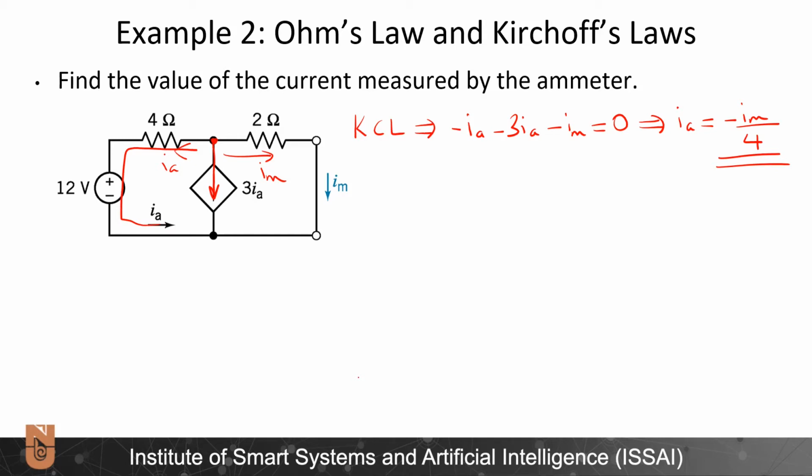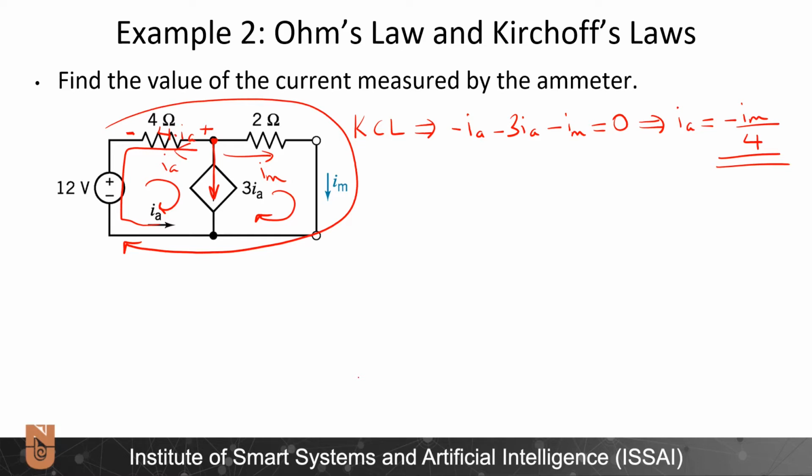Secondly, I can try to write Kirchhoff's voltage law, and I can write it on these small loops, but maybe this time I can write it for the big loop around the circuit. Let's assume that over the 4 ohm resistor I have minus plus 4IA.